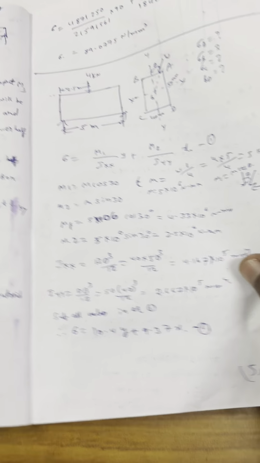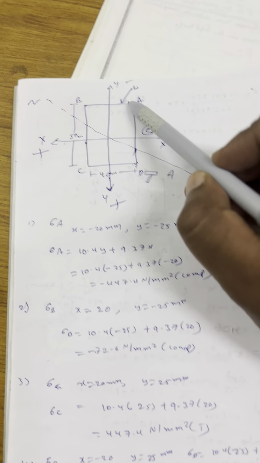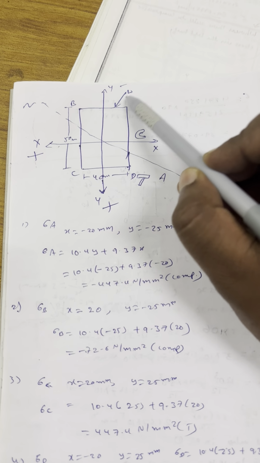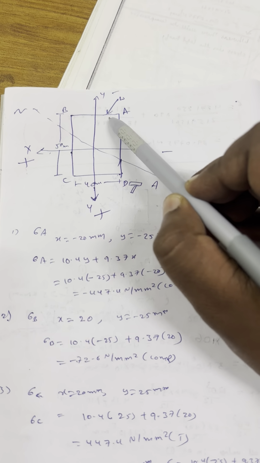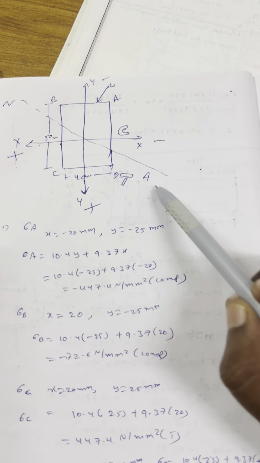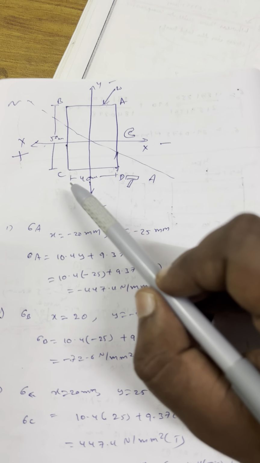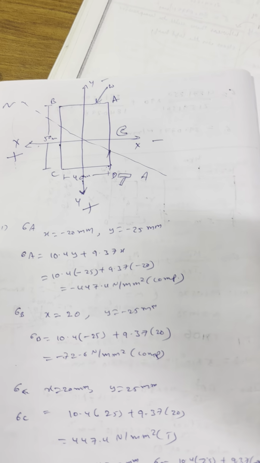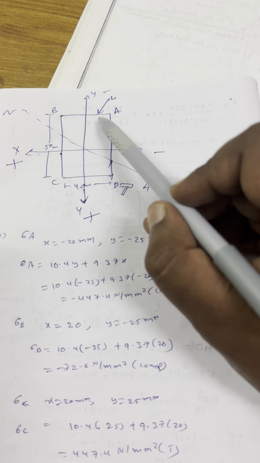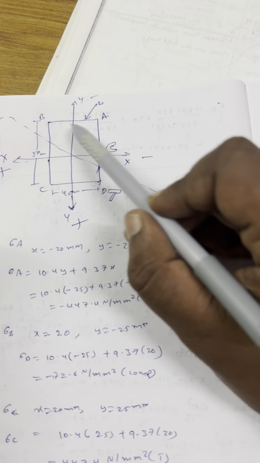Now, see here, when there is an inclined load on the rectangular section, let this be the neutral axis. As of now we don't know the angle here, but there is a neutral axis. Whenever a beam is subjected to a load, there will be deflection.